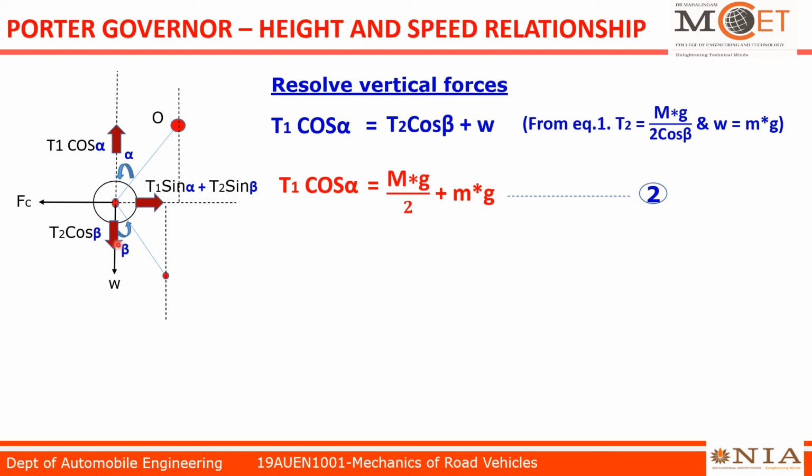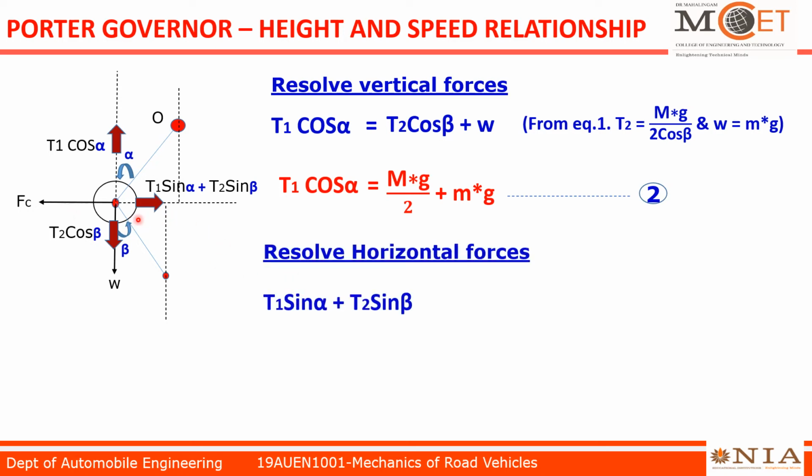Now resolve the horizontal forces. We have three horizontal forces, that is T1 sin alpha plus T2 sin beta in right hand direction and Fc in left hand direction. I take right hand direction as positive, left hand direction as negative, so that T1 sin alpha plus T2 sin beta is equal to Fc. From equation number 1, we get Mg divided by 2 cos beta equal to T2.